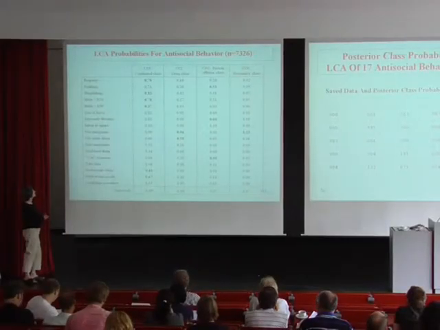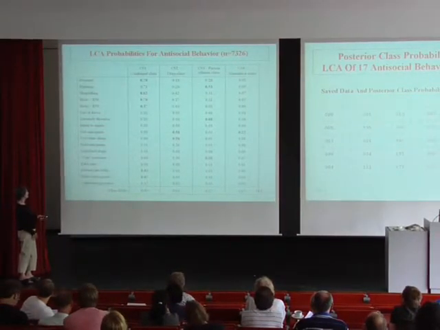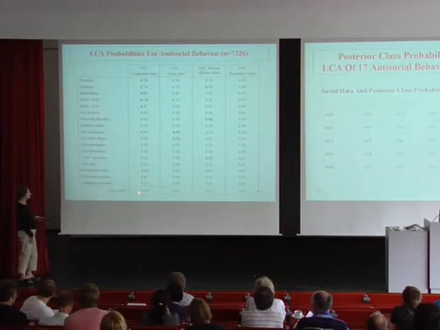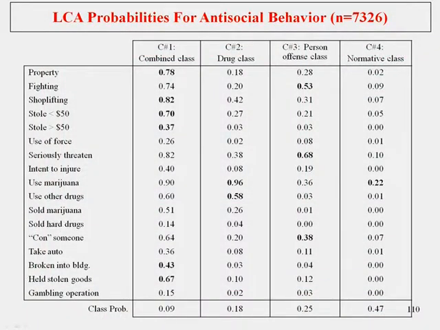Okay, so now here's just a summary of this. Once again, just to remind ourselves, class probabilities, those are our structural parameters. This is our combined class, which we call high, and our drug class, person offense, normative.